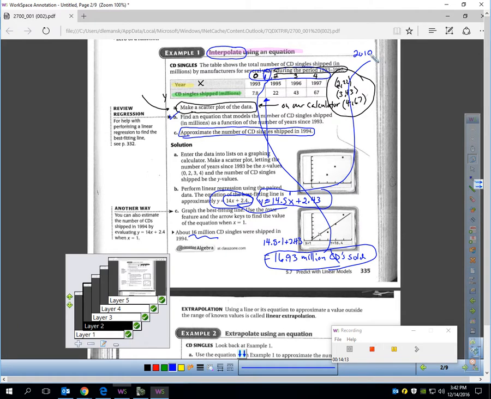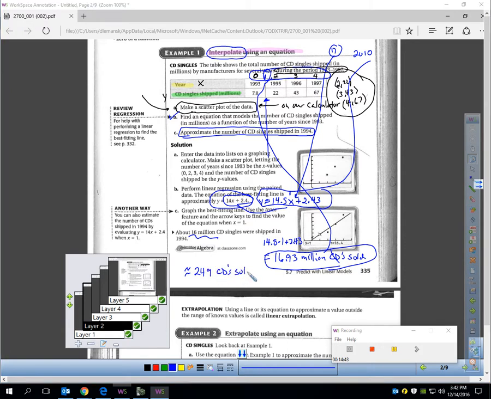Now 2010 is 17 years after 1993. Correct? 17 years later? If you take 17 and plug it in here, let's do that. So I'm going to take 14.5 times 17 plus 2.43. I'm getting about, well, almost 249 million CDs sold.